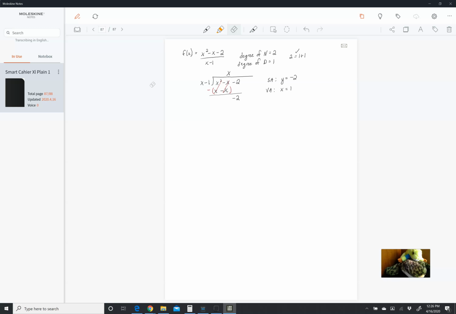Okay, let's take one last one. Let's say that we have f of x is equal to 3x squared plus 1 over x. Again, the degree of the numerator is 2. 2 is equal to 1 plus 1. So we do have a slant asymptote.